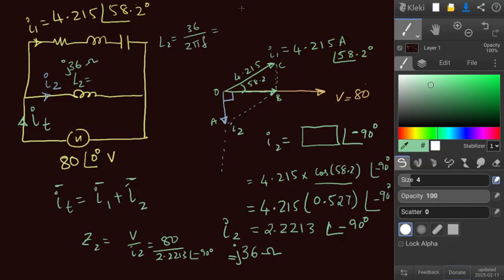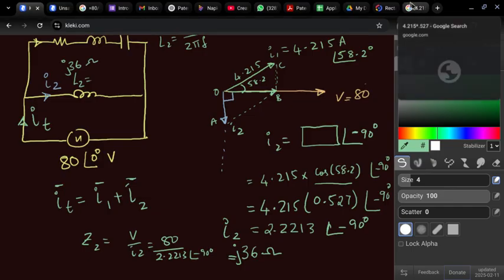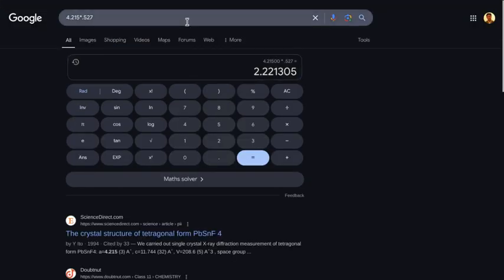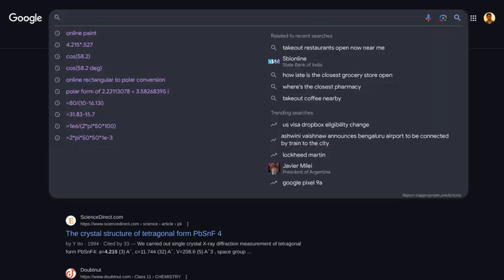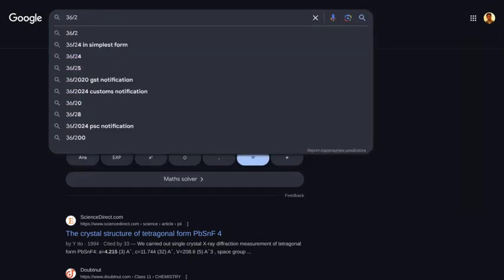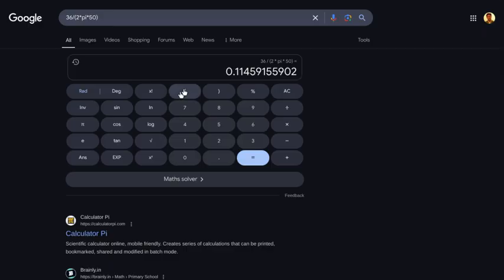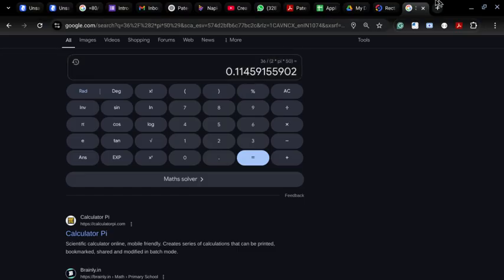It comes to 0.1145. I'll round off to 114.6 millihenries. So you have to convert to millihenries.